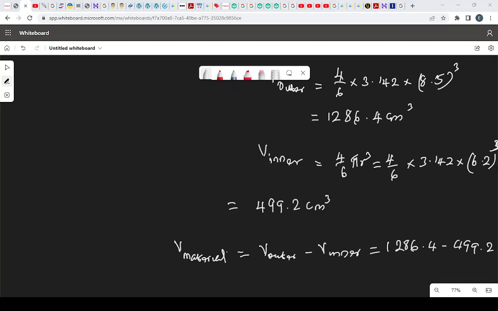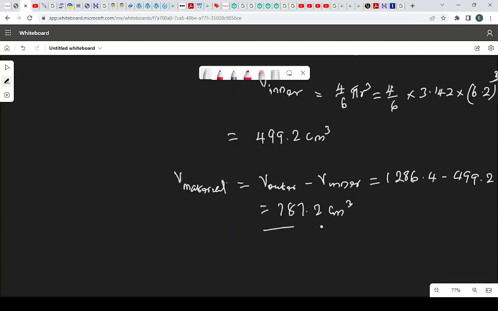Let's put that into the calculator. 1286.4 minus 499.2 gives us 787.2 centimeter cubed, which is the volume of material used in making the hemispherical bowl.